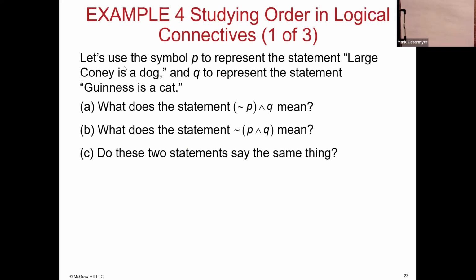All right, let's use the symbol P to represent the statement large coney is a dog, and Q to represent the statement Guinness is a cat. So P represents the statement large coney is a dog. Q represents the simple statement Guinness is a cat. What does this statement mean here?